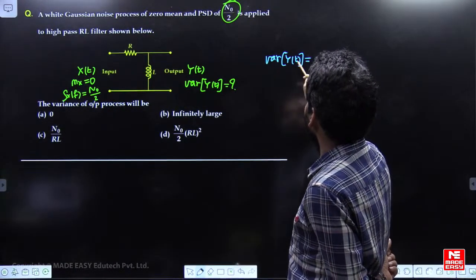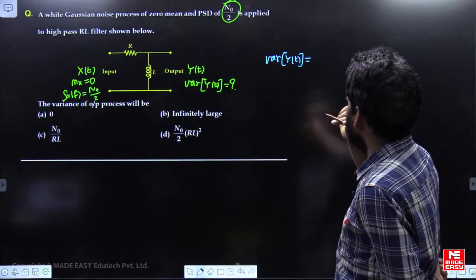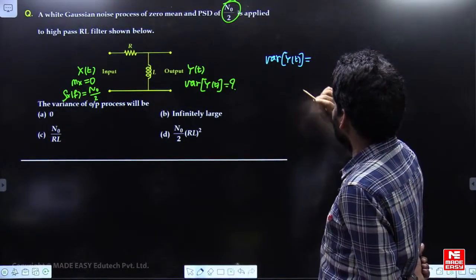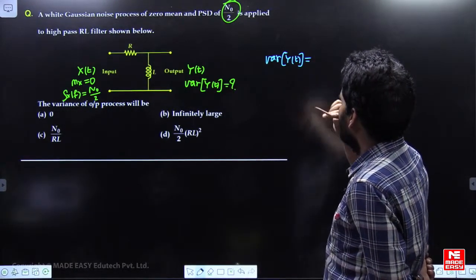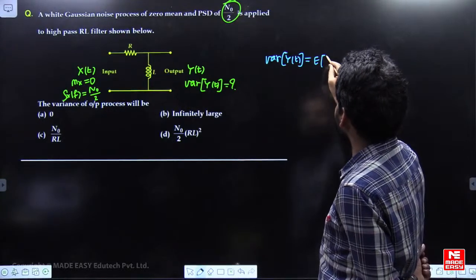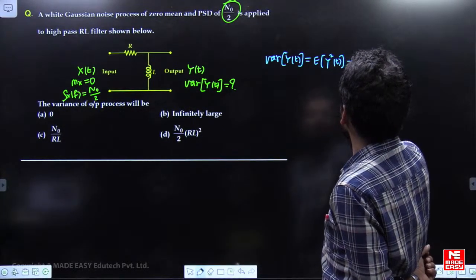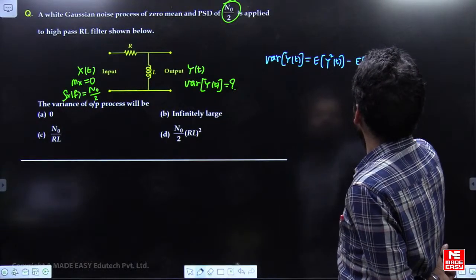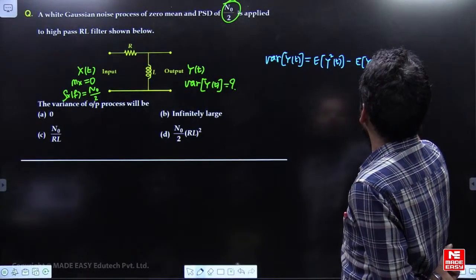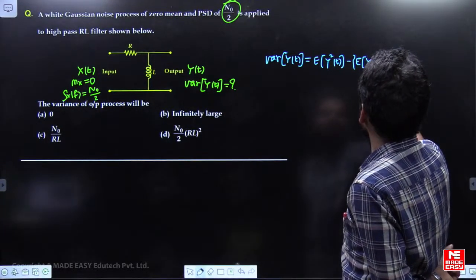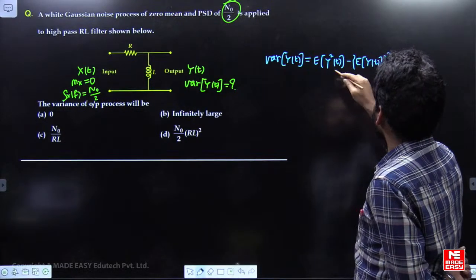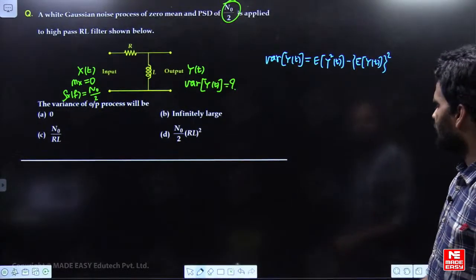The variance is equal to sigma square, m2 minus m1 square. So this is the expectation of y square t minus the expectation of yt whole square. Mean square value minus square of mean will give you the variance.